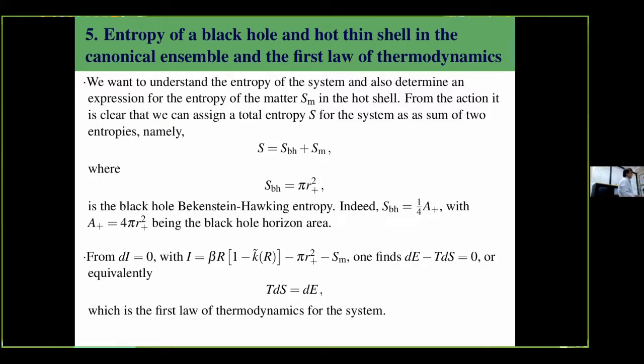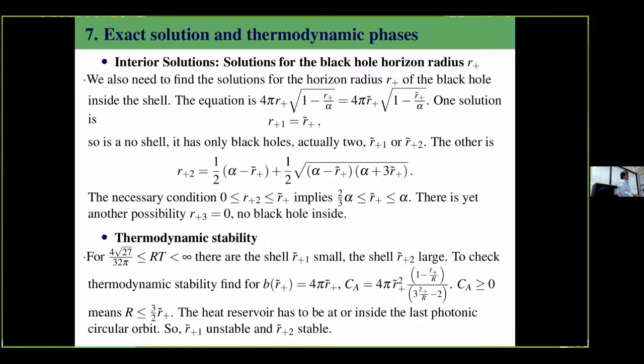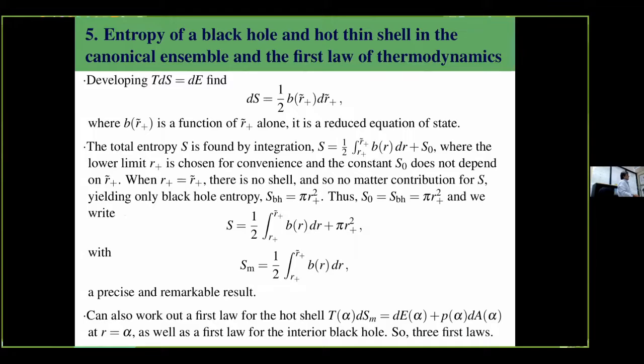You can develop now these quantities and get the entropy. And actually what you get is what we have seen already, that the entropy is given by this equation, and it has to be, because the entropy is an exact differential. And so there is no other way, to have a thermodynamic system, that we can have a different quantity. Okay. What is really interesting is that we can find then what is the matter entropy.